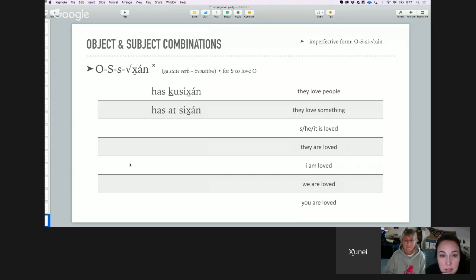Sisala. She or he is loved. Or it. Has it jumped to the perfective? No, but it will jump to fourth person. Dusechan. You can't do it.